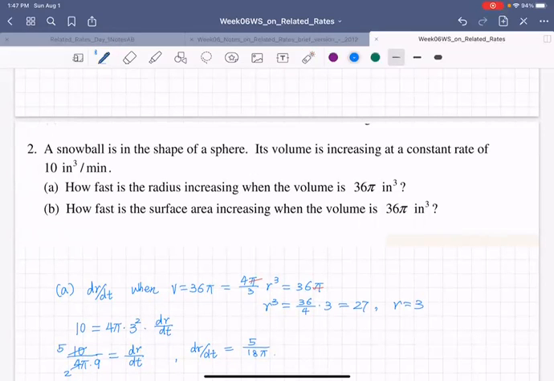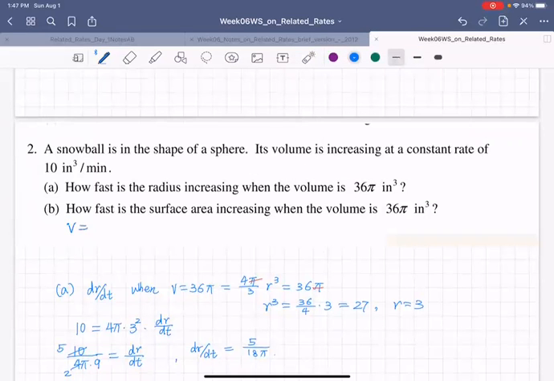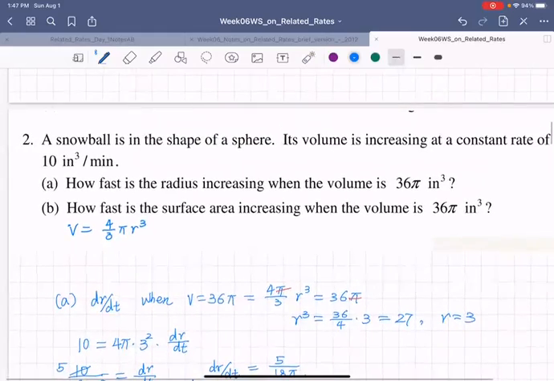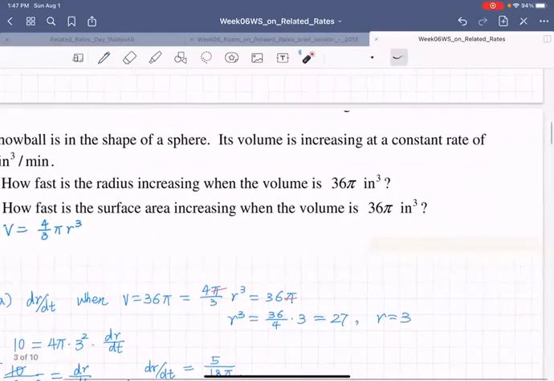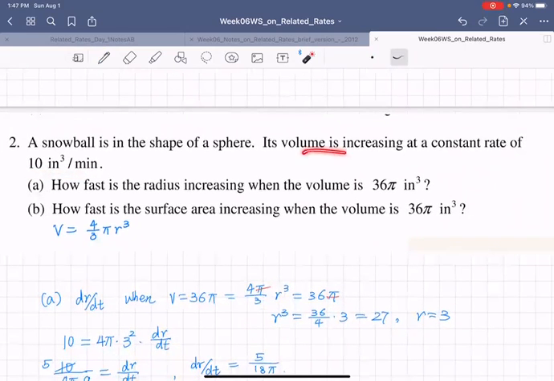Okay. So this is the sphere. What's the volume formula? 4 over 3 pi r cubed, maybe. Okay. What's the given condition?